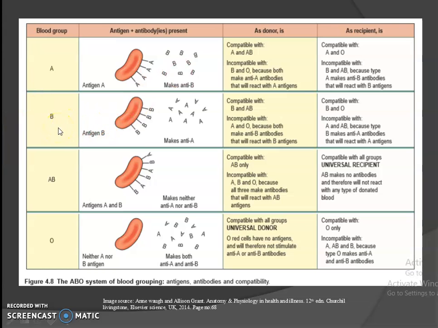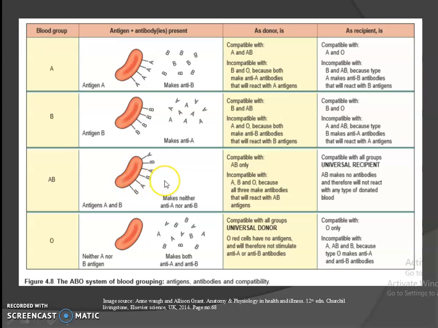Then blood group B. Here you can see blood group B contains B antigens on the red blood corpuscles, and the immune system of this blood is able to produce A antibodies, not B antibodies. The next blood group is AB.